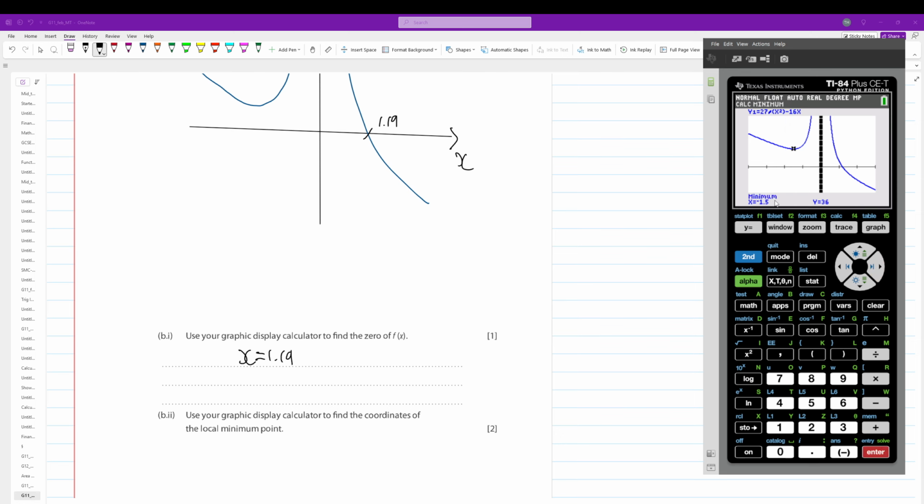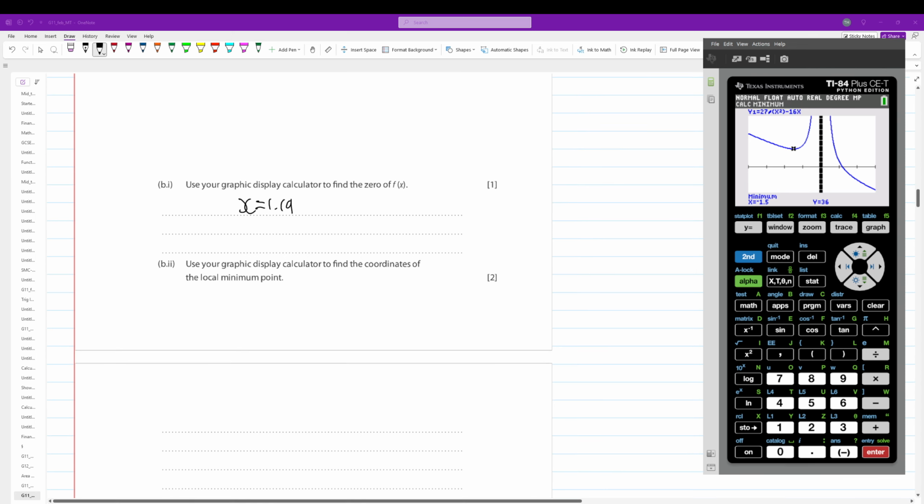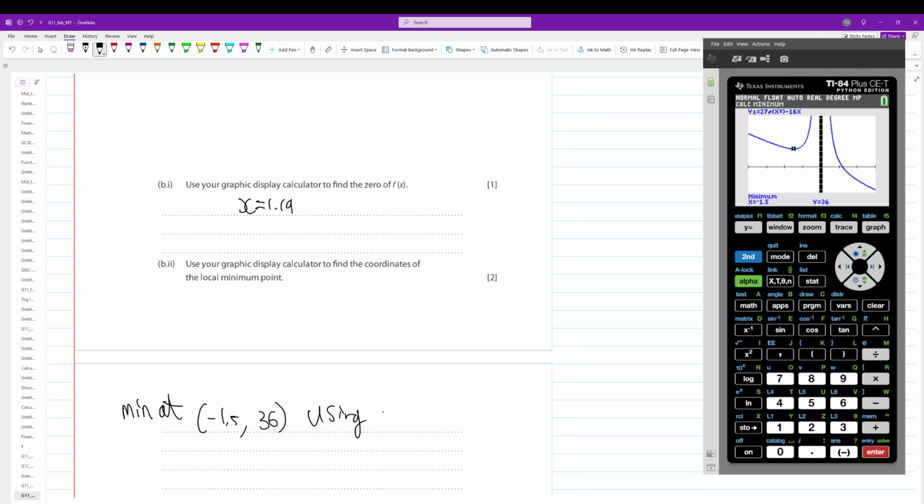There we go. My minimum is where x is negative 1.5 and y is 36. Done. Min at that using calc. Although I almost don't need to write that bit because I've been asked to use the calculator.